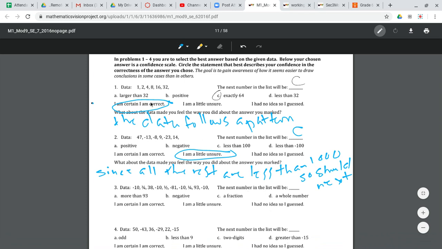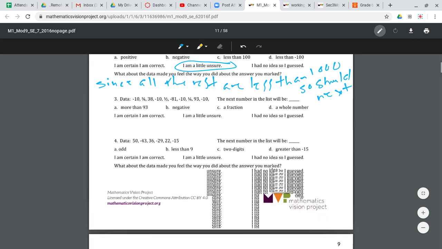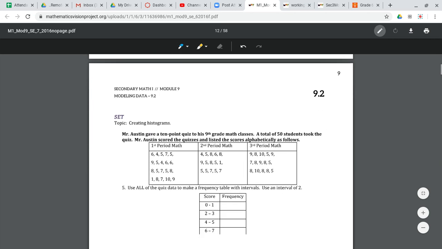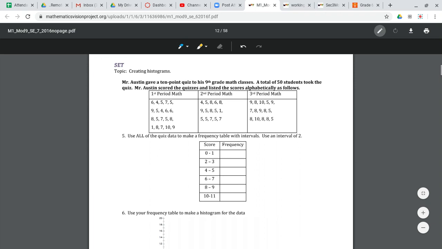Make sure you give me whether it's the A, B, C, or D, then tell me how confident you are, and then give me a reasoning behind that. Each one of those things is worth a point, so these first 4 are all worth 3 points, so be careful with that.